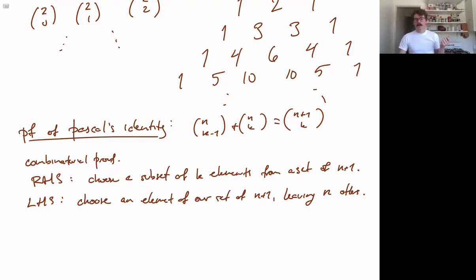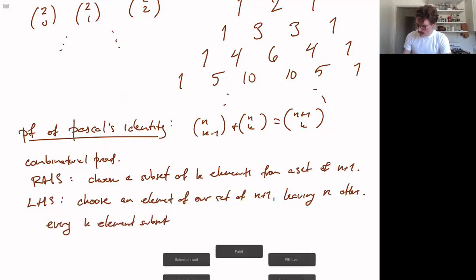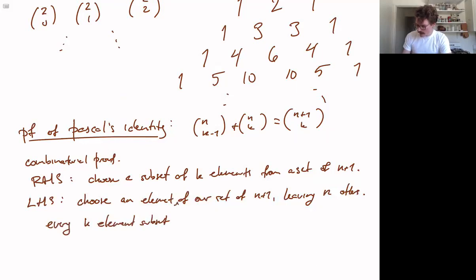There's nothing special about it. We're just choosing it as an auxiliary thing. So every k element subset, let me call this element x, just so we have a name for it.